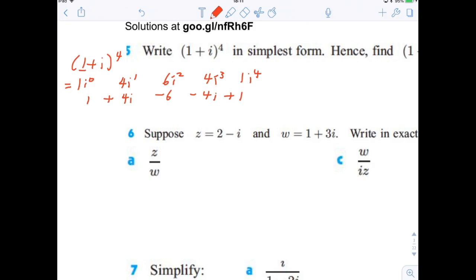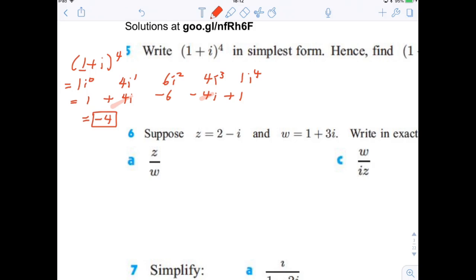So look, this cancels with this, right? So we're left with 1 minus 6 plus 1, which would be -4. Okay, that's interesting. So if I do 1 plus i times itself 4 times, I end up with -4.